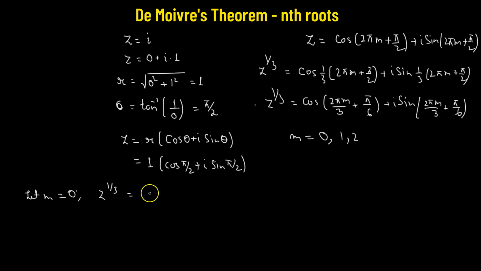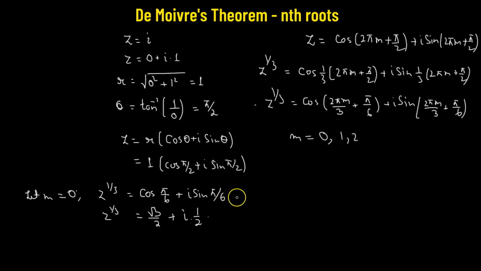This is going to give us 1 of the root of iota, which will be cosine of pi over 6 plus iota times sine of pi over 6. So pi over 6 means we have square root of 3 over 2 plus iota times 1/2. So this is one of the cube root of iota.